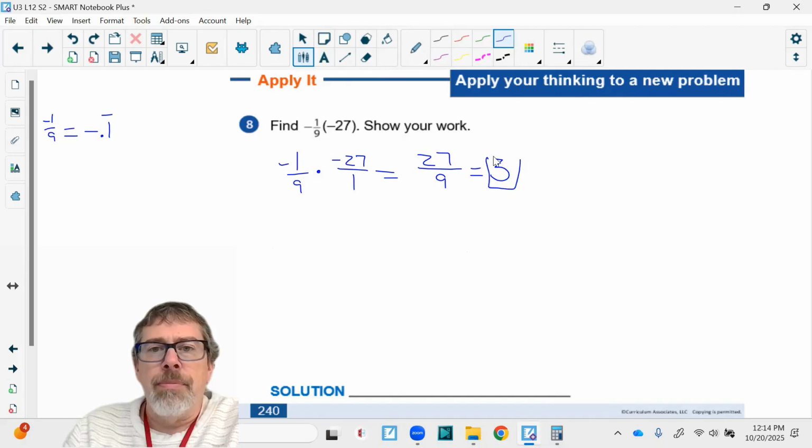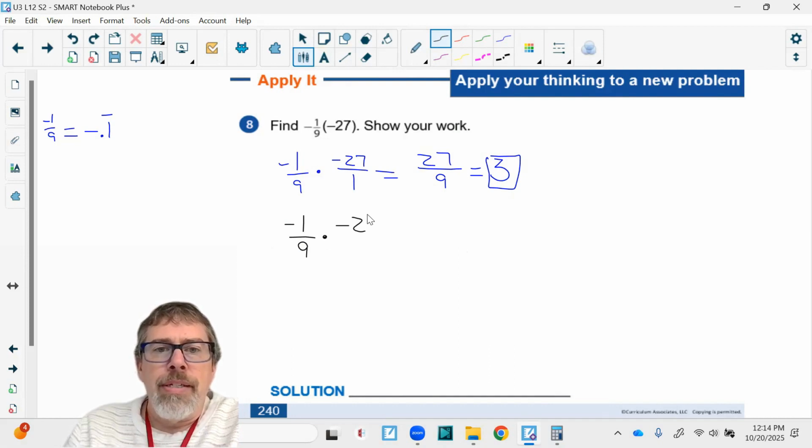So there's our answer. Another way I could do it is negative 1 over 9 times negative 27 over 1. And then what we do here is, well, a 9 will cancel or reduce to 1, and 9 will go into 27 3 times. And then we get negative 1 times 3, which is negative 3.